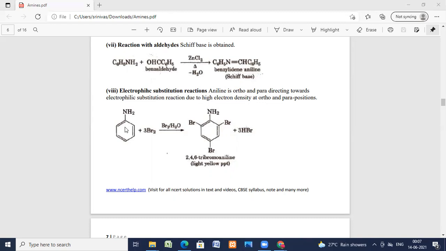Now we'll see the reaction. Aniline, here you take bromine, in presence of bromine water, the tribromination takes place. 2,4,6-tribromoaniline, a light yellow precipitate, is formed with liberation of 3 moles of HBr.